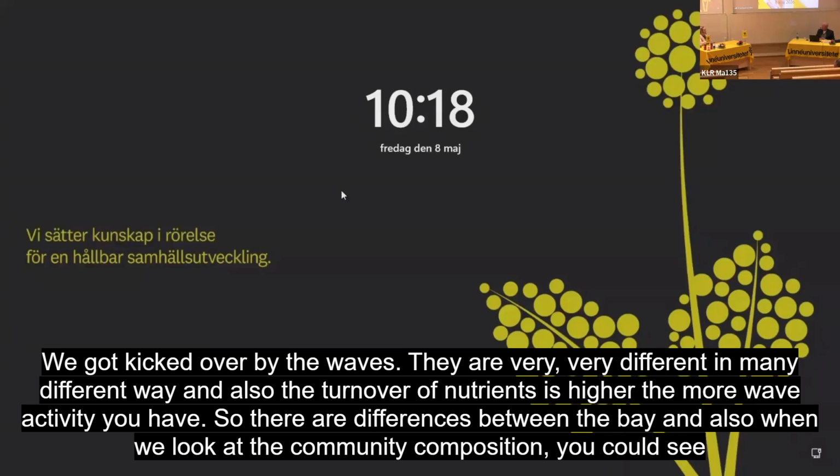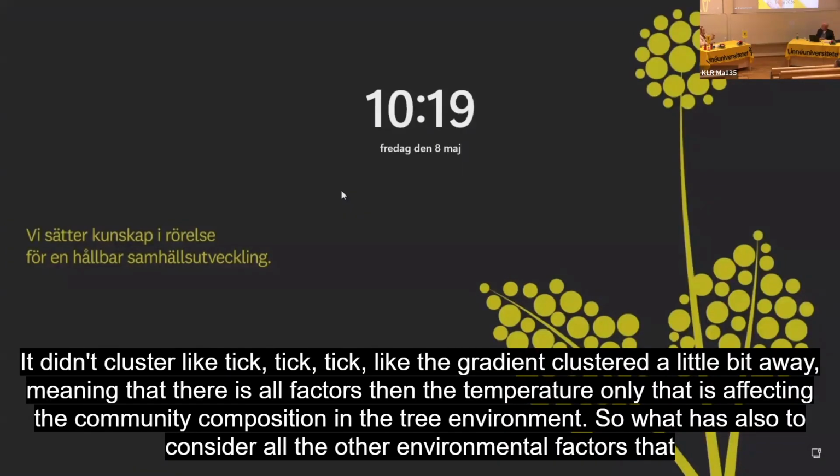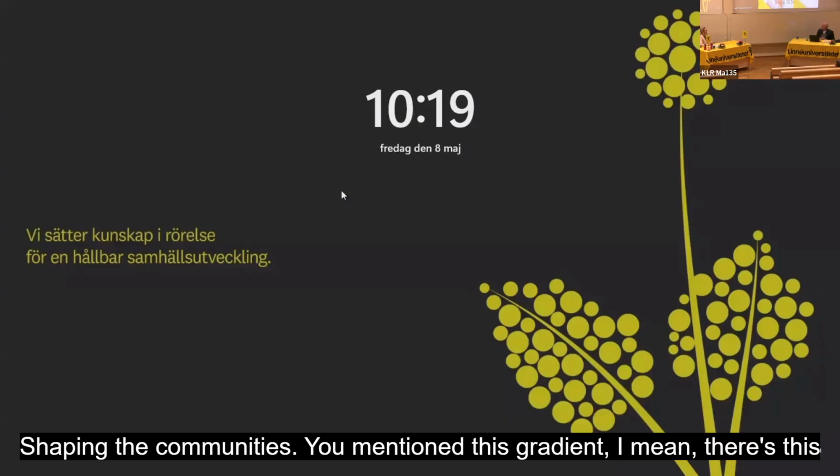So there are differences between the bays, and when we look at the community composition, you could see it didn't cluster neatly; the gradient clustered a little bit away, meaning that there are other factors than temperature only that are affecting the community composition. So one also has to consider all the other environmental factors that are shaping the communities.